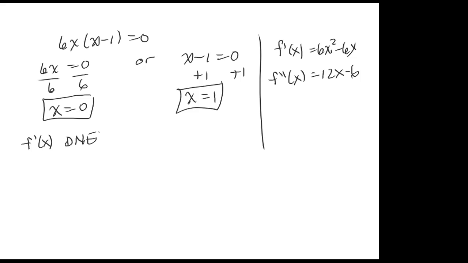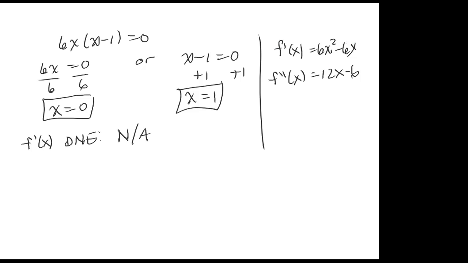Well, that first derivative is a polynomial. It exists everywhere, so I don't get any critical points from that categorization.